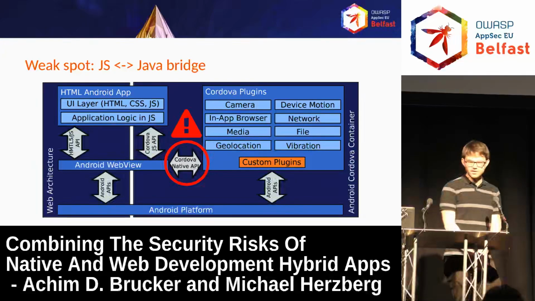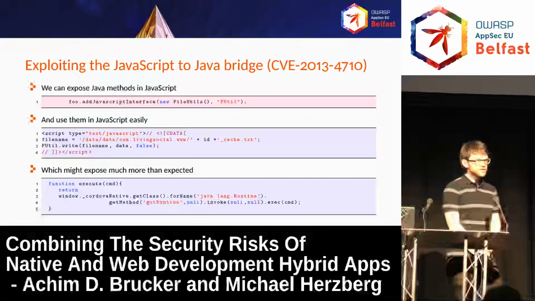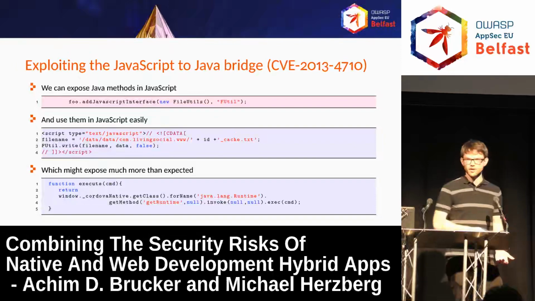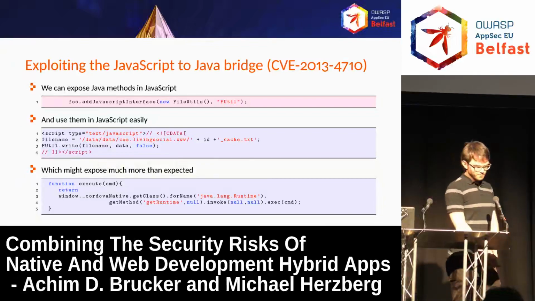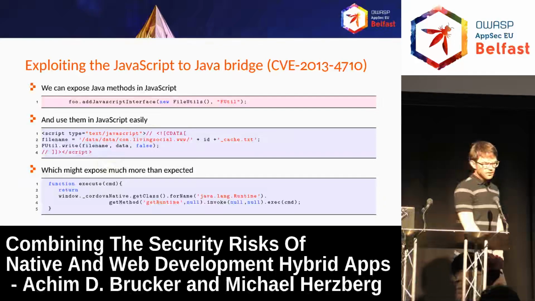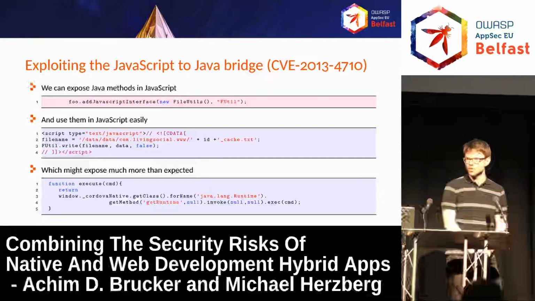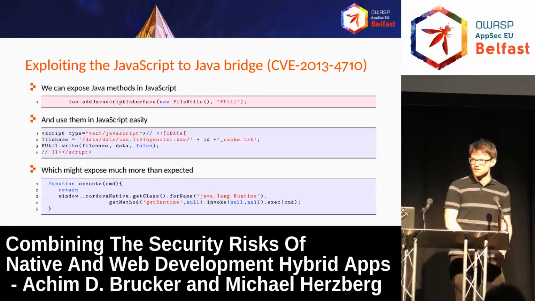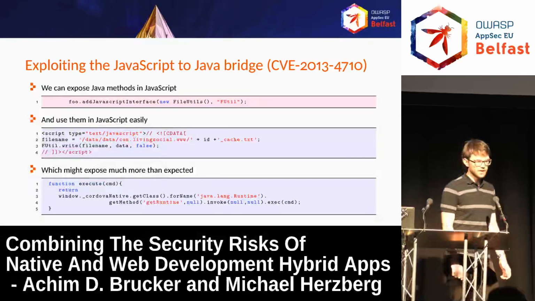And this is not only due to weaknesses that can be found in the Cordova framework itself, such as this one here from a few years ago. So on the Java side of things, you can expose a Java object to the JavaScript side by calling a function called addJavaScriptInterface.